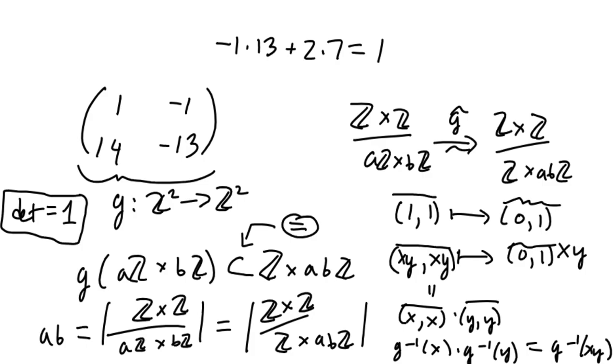Now this matrix represents an isomorphism from Z2 to Z2, with determinant equal to 1. And not only that, it's a Z-module isomorphism, because it has an inverse with integer entries, its determinant being equal to 1.